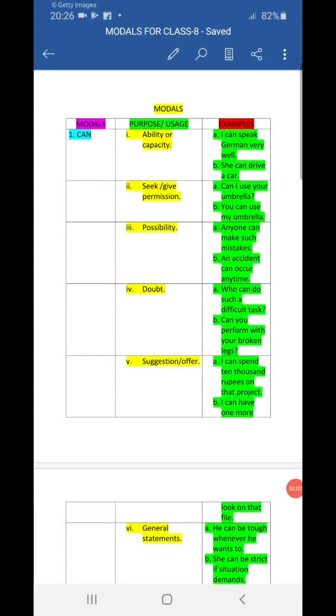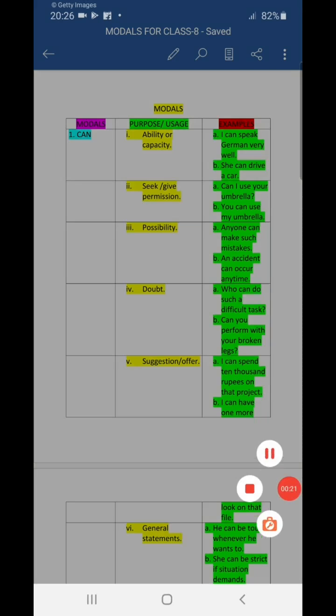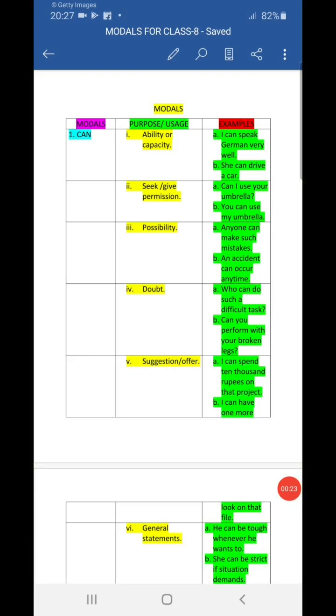Modals. First modal is can. Purpose or usage. Number 1, ability or capacity. Examples. Number A, I can speak German very well.